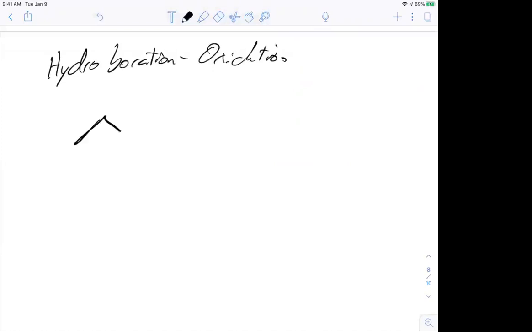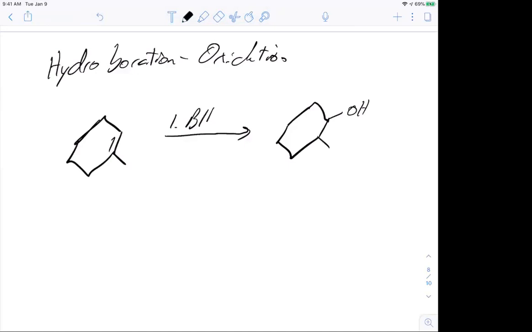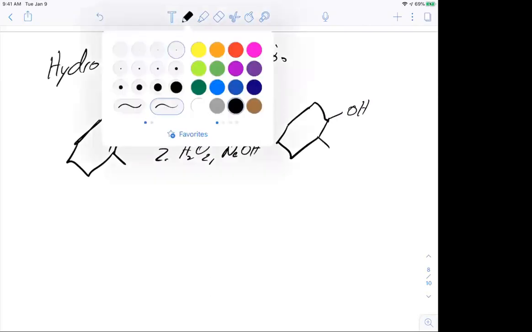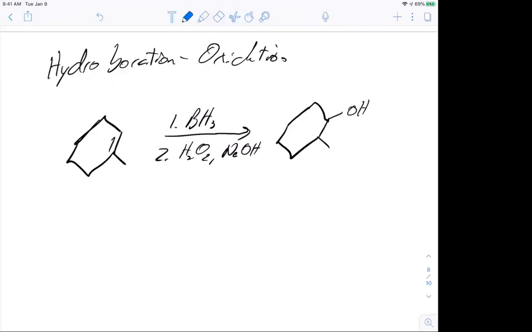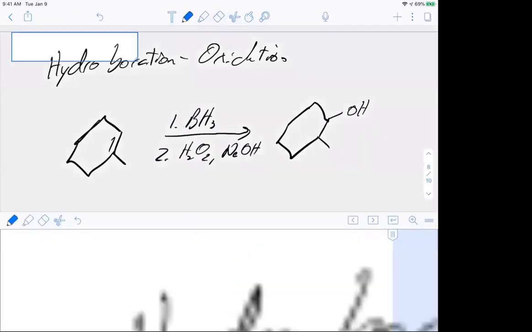We can also turn alkenes into alcohols with hydroboration oxidation. Now, the thing to notice here is, where did I add my alcohol?